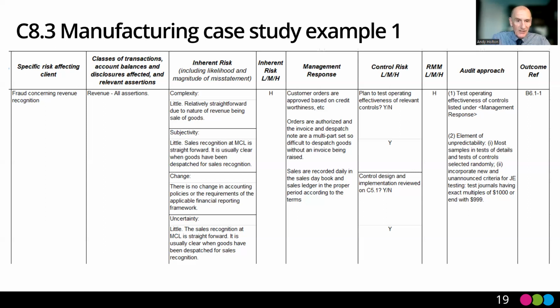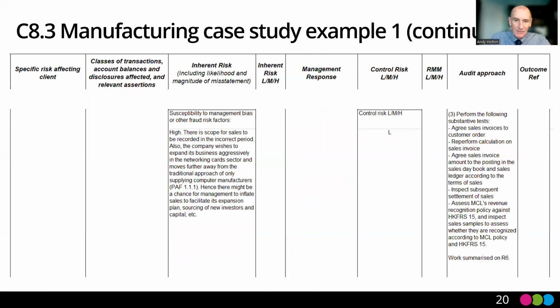So we're highlighting there the controls that the client has in place, and we can therefore see that generally controls over this are quite good. We're actually going to place reliance on them and do some testing. However, because we haven't rebutted that default high risk, the overall risk of material misstatement remains high. We then start to set out our audit approach in relation to the various risks that we have identified.